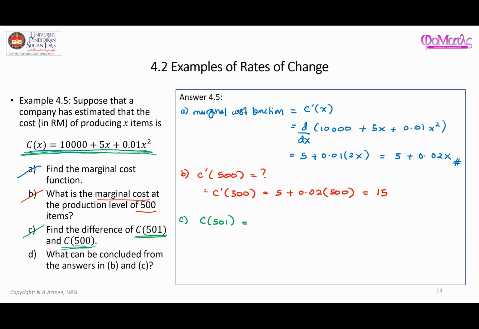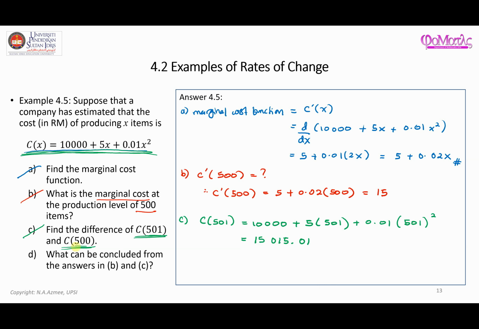C(501)? So C(501) is just 10,000 plus 5 times 501 plus 0.01 times 501 squared, and this is just 15,015.01.